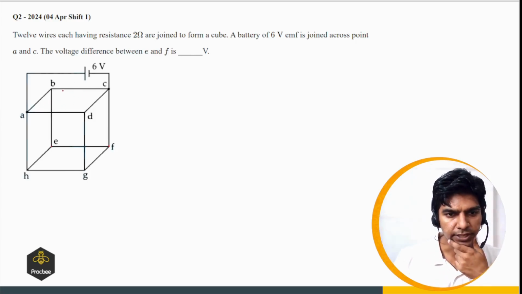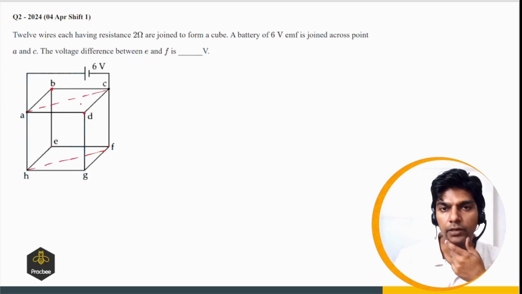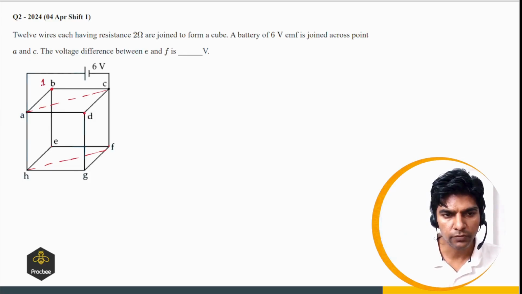So what we can say by symmetry, and I'm considering this particular plane A, C, F, H. So by symmetry, B and D, they are equipotential. So let me call this as 1 and this is also 1. And E and G are equipotential. Let me call this as 2 and this is also 2.